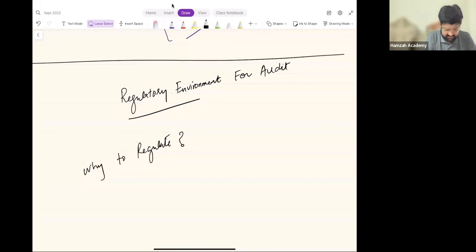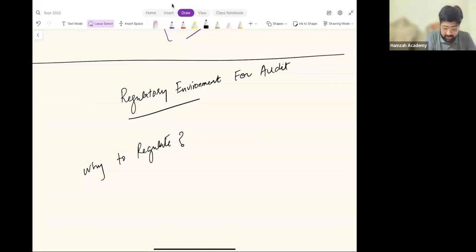Transparency, compliance. You can open your mic and feel free to talk to me. May I say? Yeah, sure, please. I think that regulation is important to ensure that the audit is conducted within some set parameters.